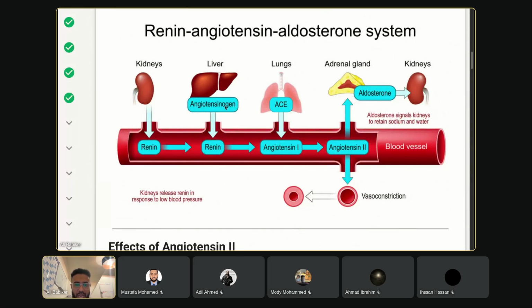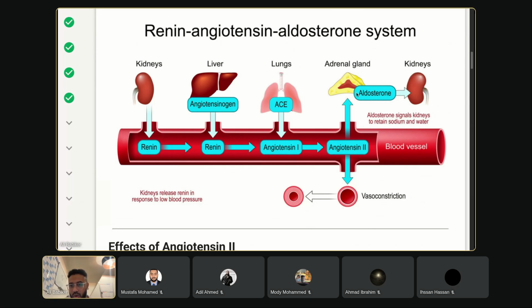The liver produces the angiotensinogen. The renin will convert the angiotensinogen to angiotensin 1. It will be circulating in the blood. The angiotensin 1 will be converted by the ACE, angiotensin converting enzyme. The name says it all, angiotensin converting enzyme, from angiotensin 1 to angiotensin 2.